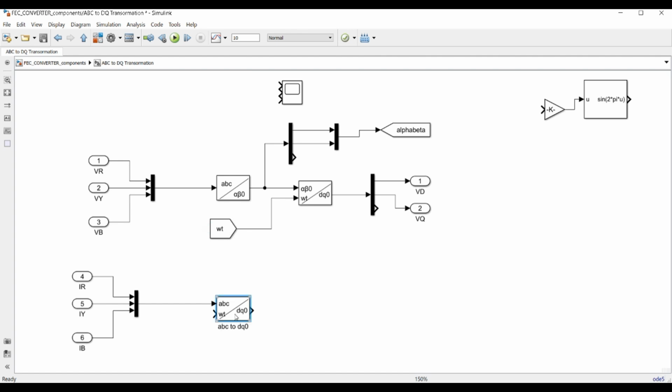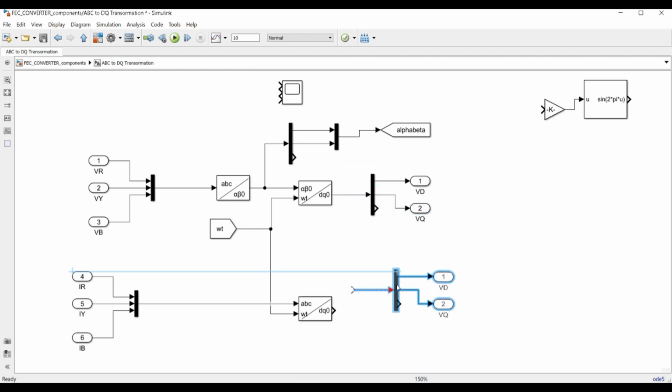And this omega t, this is omega t. The same omega t will be used over here, and this part I will be again copying it, and I will rename it as ID and IQ.